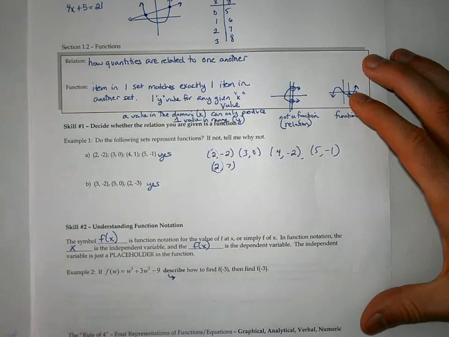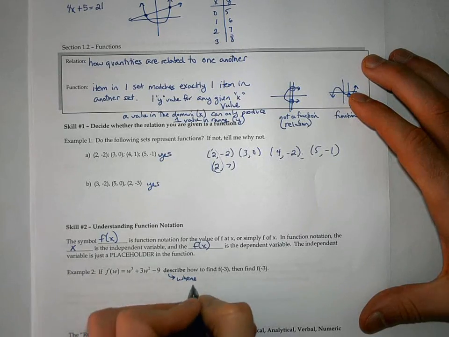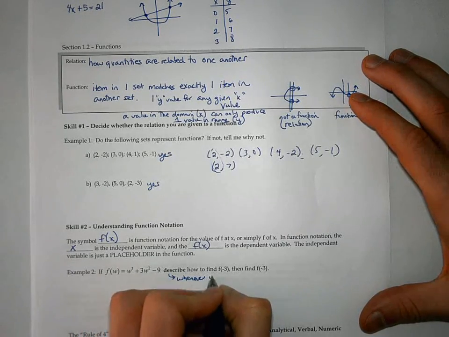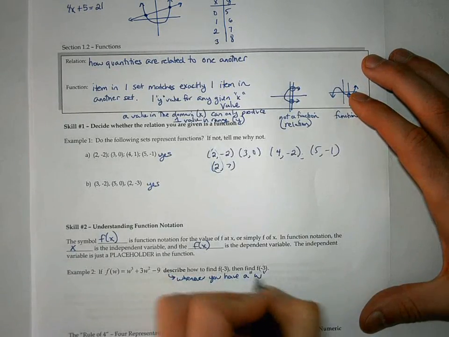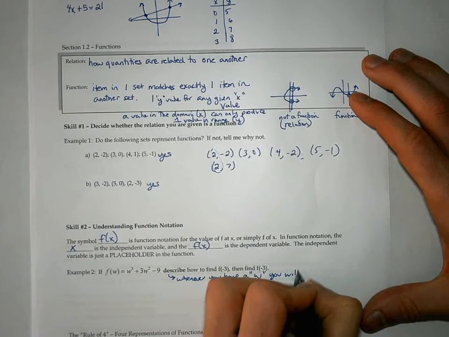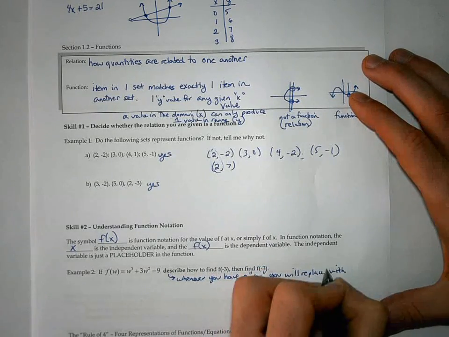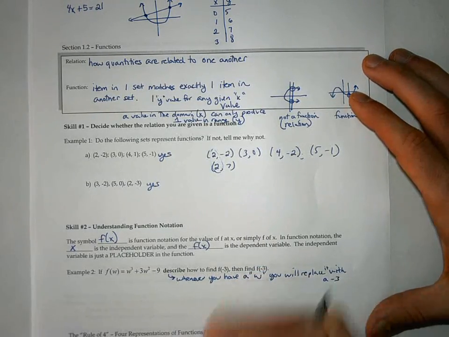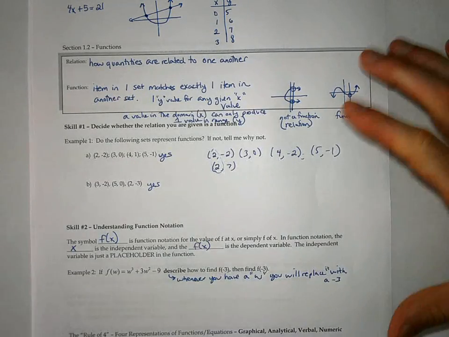So the describing piece is: wherever you have a w, you will replace it with a negative 3. So my w's are going to become negative 3's. And then to find it, we'll use our rules of algebra in order to simplify.